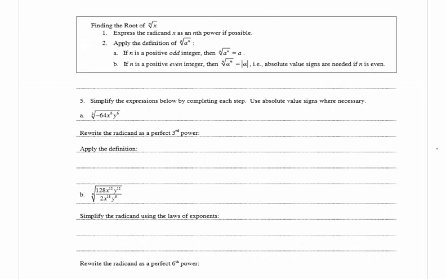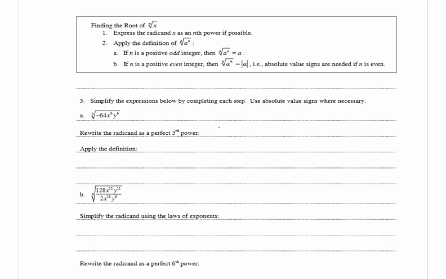In 5, it says, simplify the expressions below by completing each step. Use absolute value signs where necessary. In A, we have the cube root of negative 64 x to the 6th y to the 6th. And they want us to rewrite the radicand as a perfect third power.